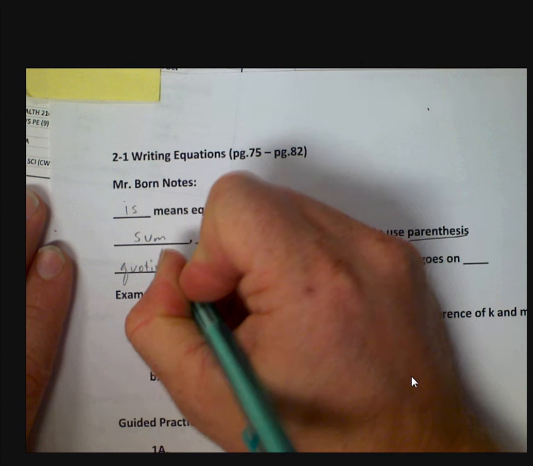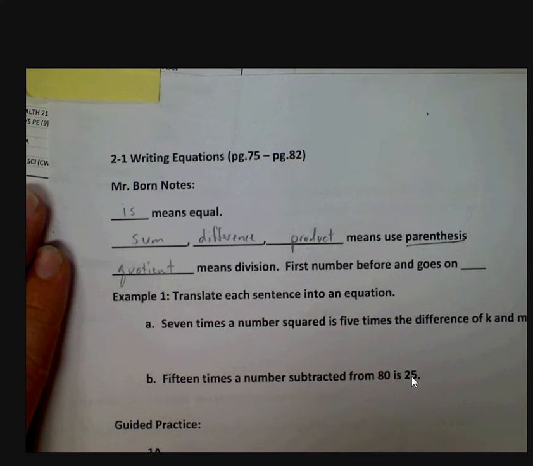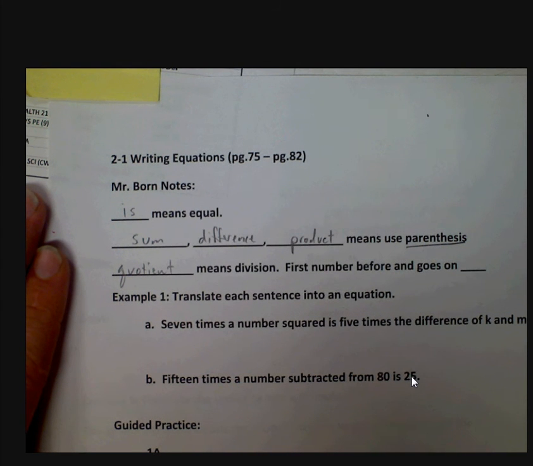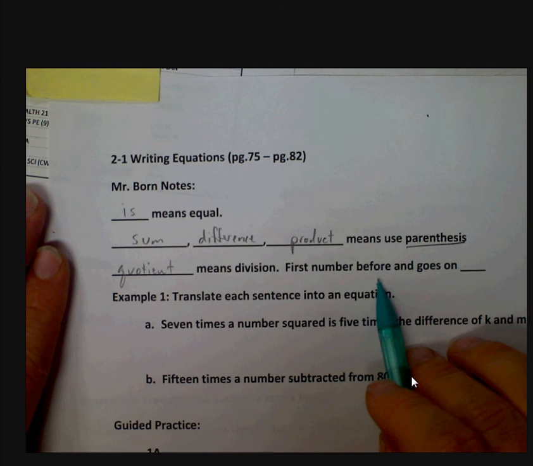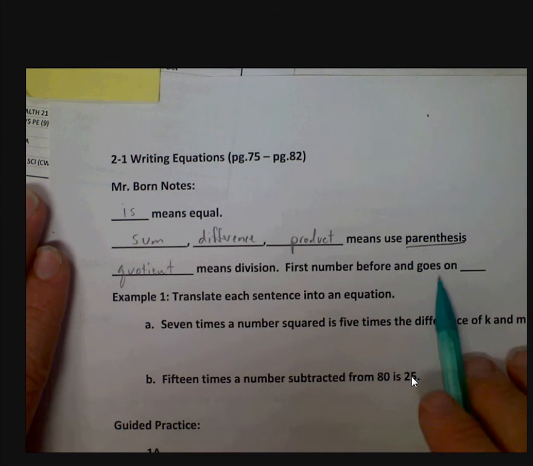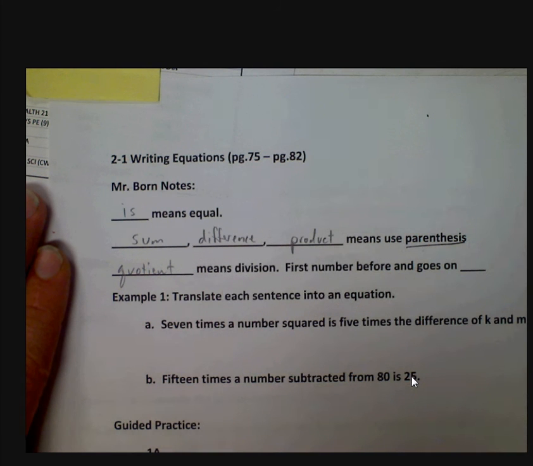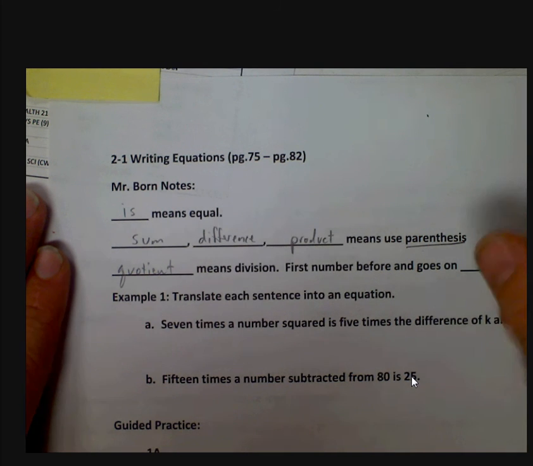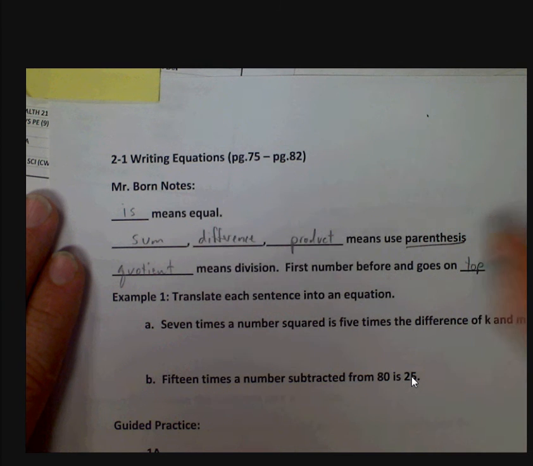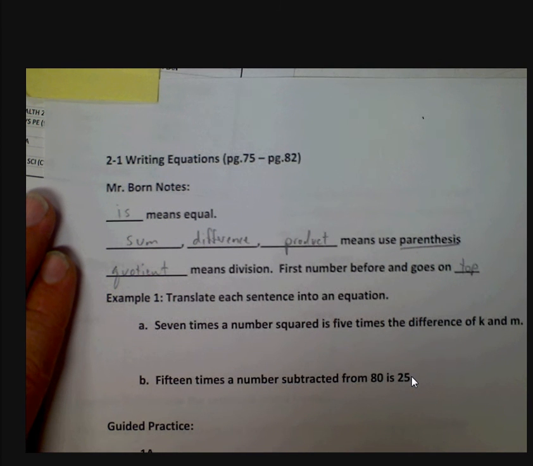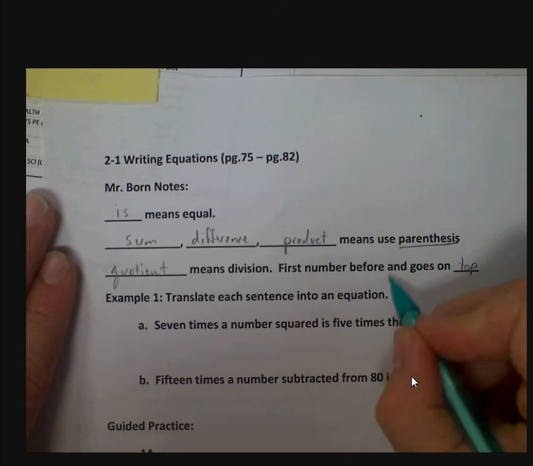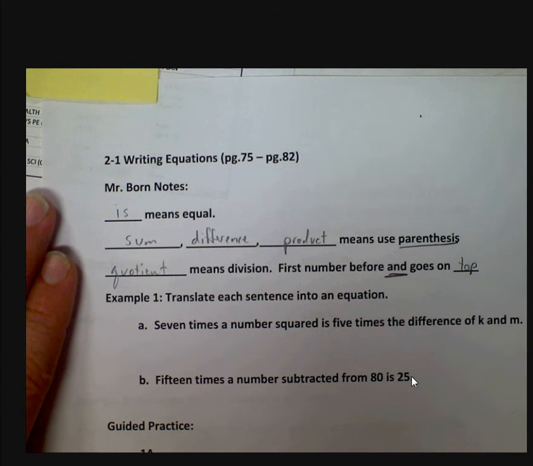Quotient means division, like I showed you in the previous video. And then understand that the first number before the word quotient, or the quotient of, goes first, is always on top, and then the other one after the word and. So I actually said the before and, so I meant the word and goes on top.